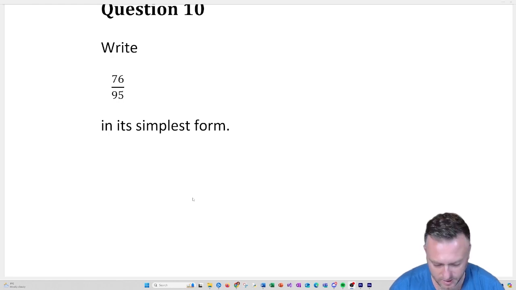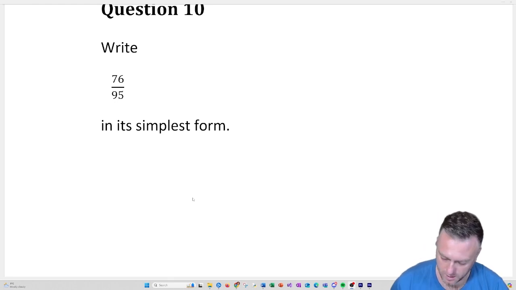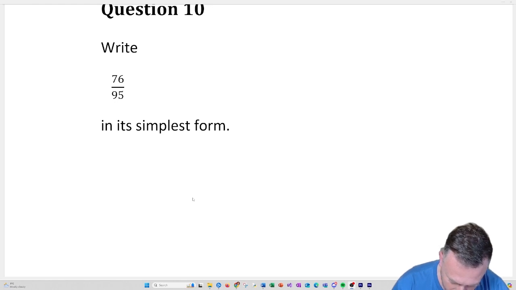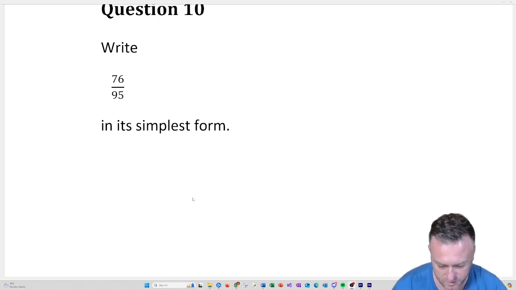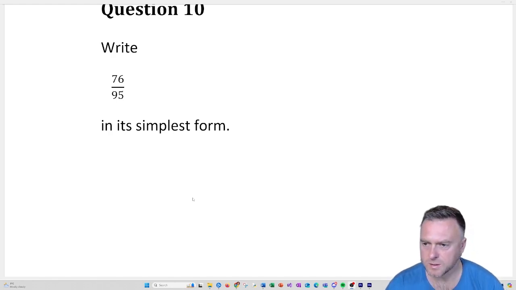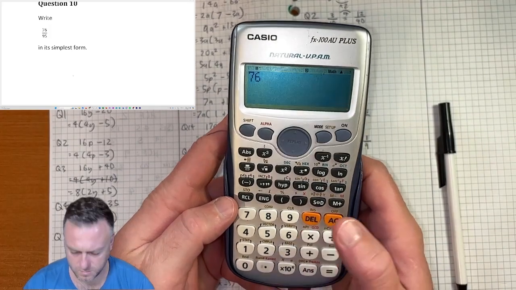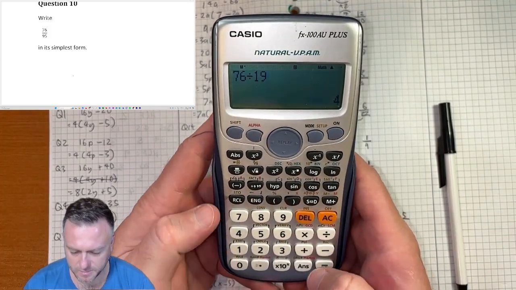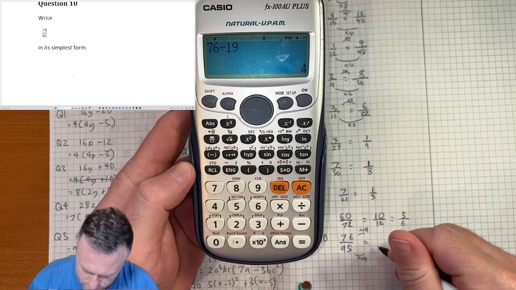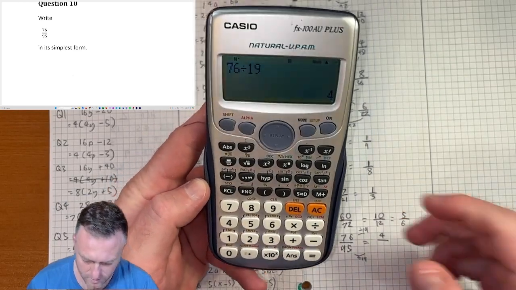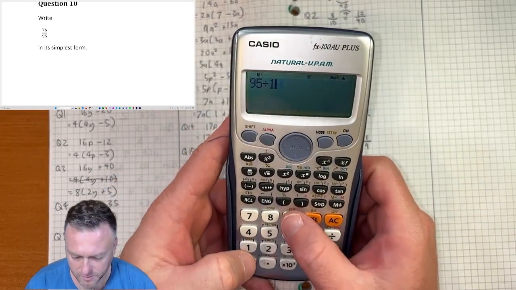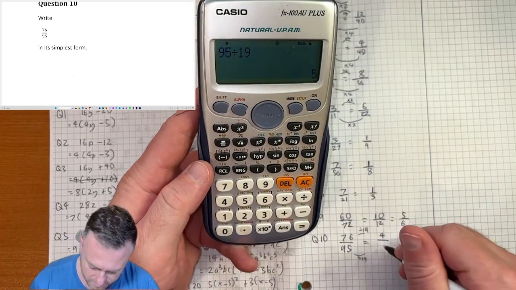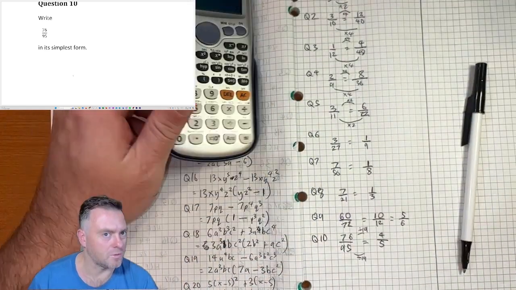I reckon 19. Let's go 76 divided by 19. Yeah, there we go. So I'm going to divide the top and the bottom by 19. 76 divided by 19 gives us 4, and 95 divided by 19 gives us 5. That was a bit more of a trickier one.